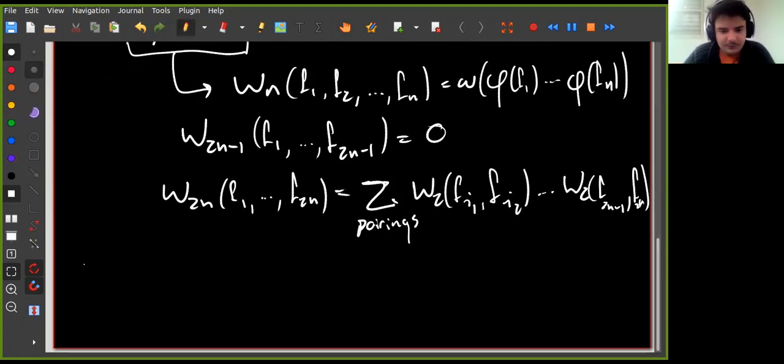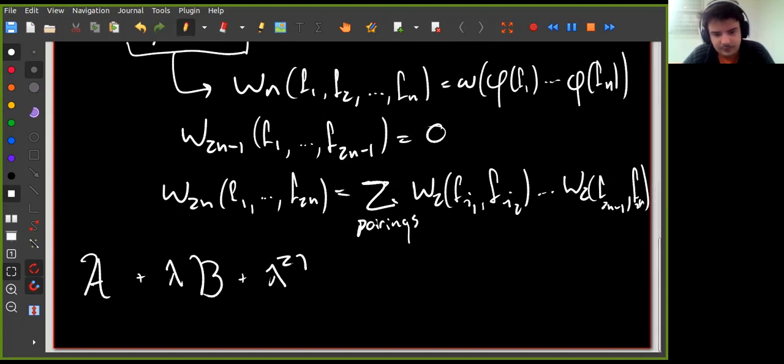What you do in those situations, as far as I know, is you define an algebra, and then you define a correction to the algebra, which is going to be some B. Then you define some more correction to the algebra, which is C or something like this. So you have a more complicated structure that I'm not going to dive into because I'm not familiar with it in detail.